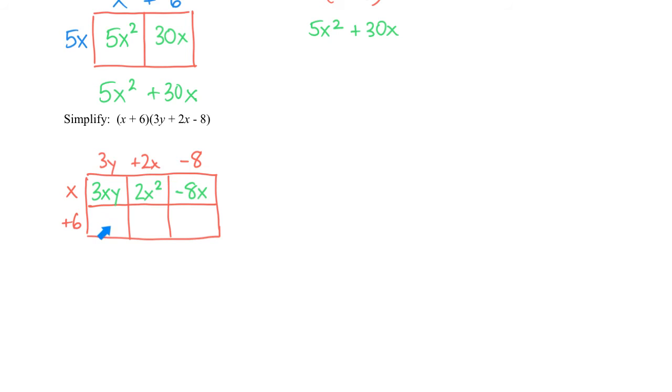And then my next rectangle here is 3y times 6. So that's 18y. Then I have 2x times 6. That's going to be 12x. And then my last rectangle is negative 8 times positive 6, and that's negative 48. So now when I go to write that, I would just list these out: 3xy plus 2x squared minus 8x plus 18y plus 12x minus 48.